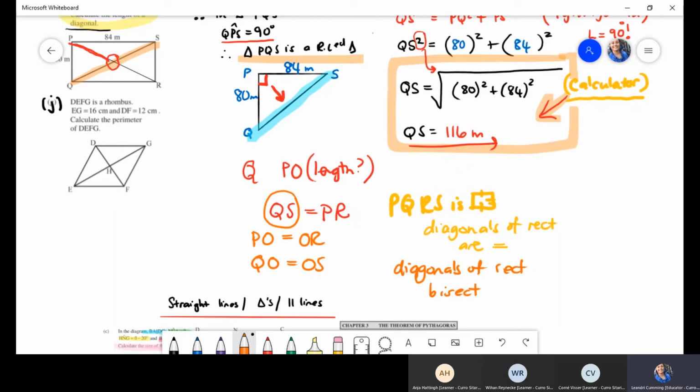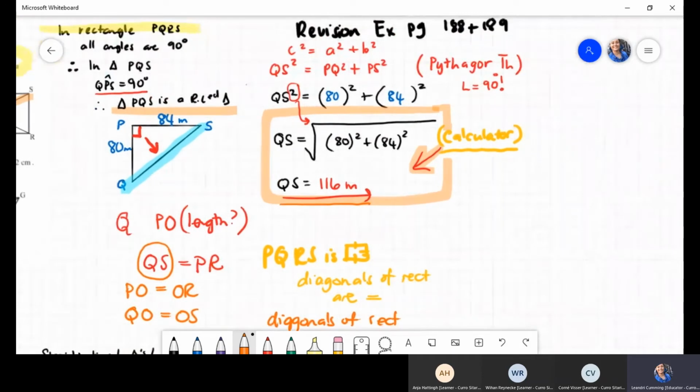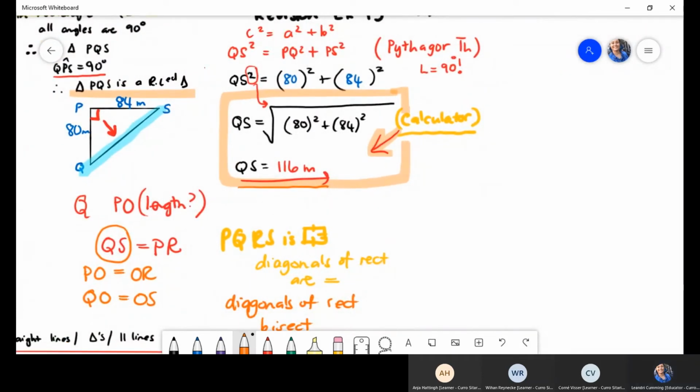And if that's the case, then I take QS and I simply just halve that measurement, because at the end of the day, PO is equal to OR, which is equal to QO, which is equal to OS. And if I say QS is equal to 116 meters, my 116 divided by 2 gives me 58 meters, which is going to be equal to QO, which is also OS.